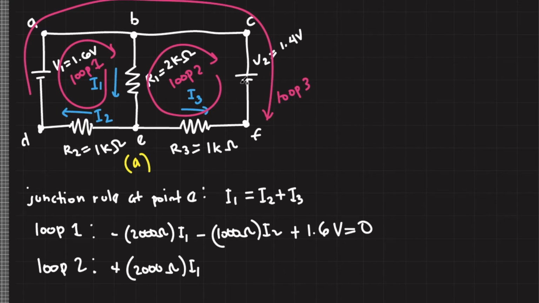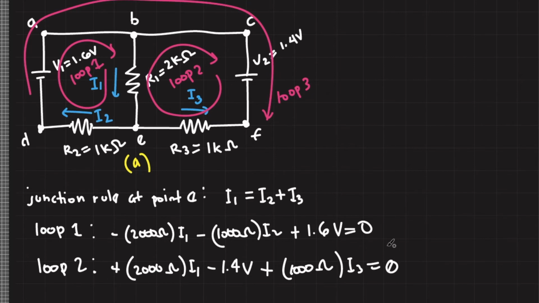And by our sign convention, this must be negative. So in a way, we are recharging the battery. And finally, our imaginary loop will enter R sub 3. And again, it's in the opposite direction with respect to the current. So this must be positive 1000 ohms times I sub 3 equals 0.